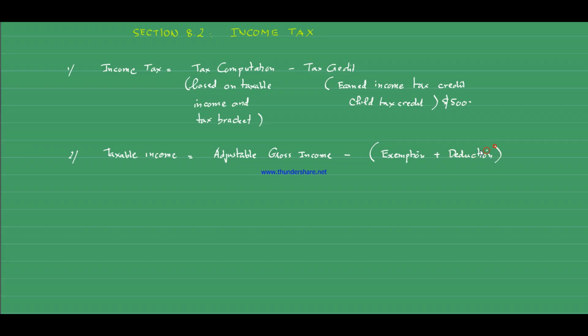We're going to go through each terminology here and see what it is, so we can calculate the adjusted gross income.